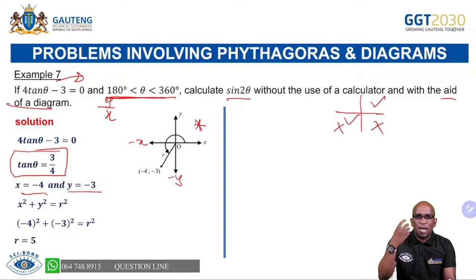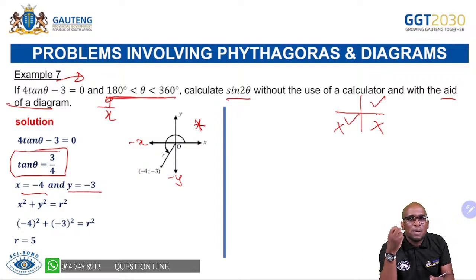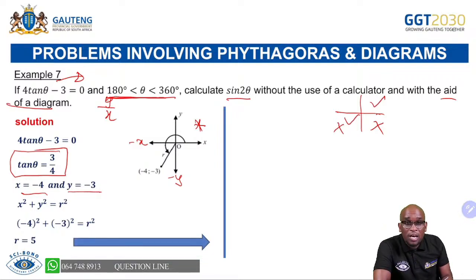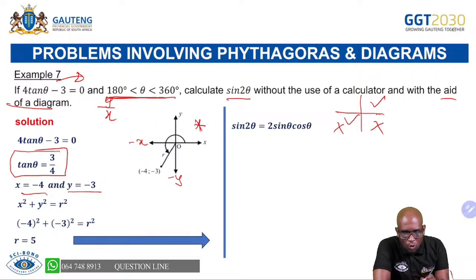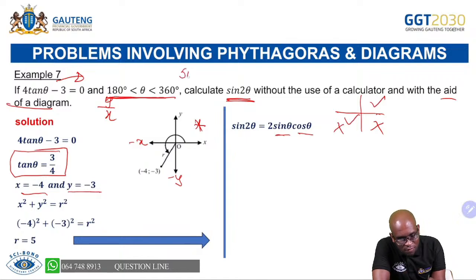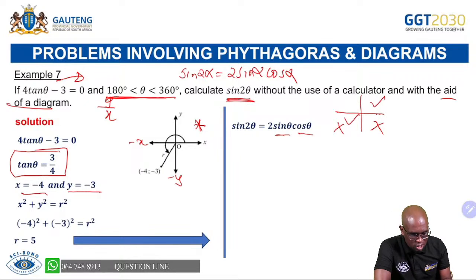So now we have x, y, and r, which means we can determine anything that we want from here. So if we check here, we want sine of 2 theta. We first write it as the formula for the double angle, because sine 2 theta, we get it from sine of 2 alpha, which is 2 sine alpha cos alpha from the formula sheet.